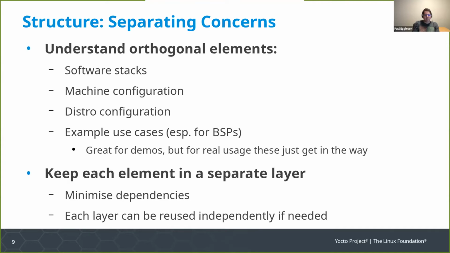A separate layer doesn't necessarily have to be a separate repo, but there should be minimal dependencies between each layer, and each layer can be reused independently if that's needed. And really, this kind of orthogonal concept is quite important in that you can swap out any of these axes, I suppose. You can change your machine without changing the software that you're running on it, for example.